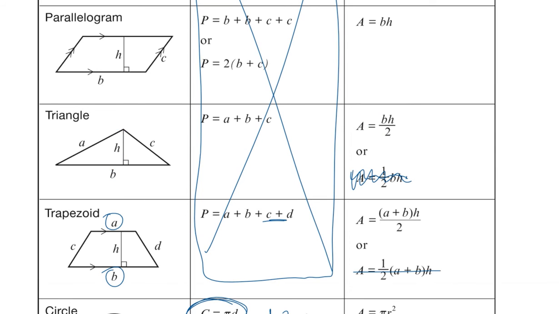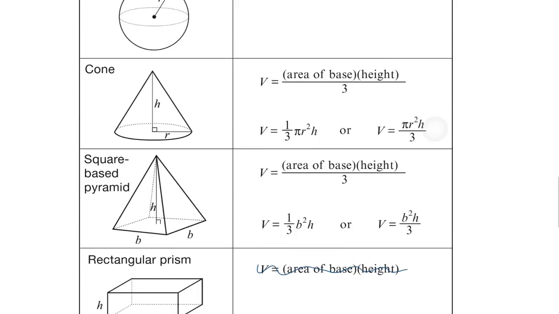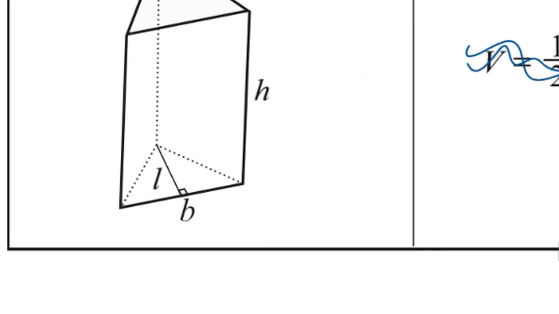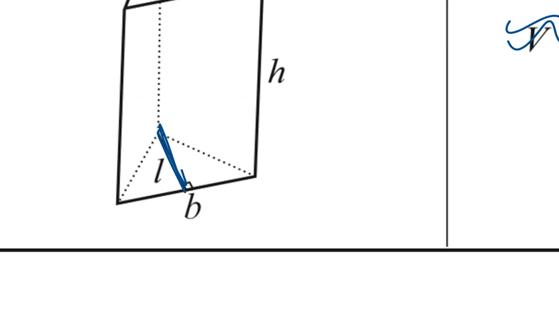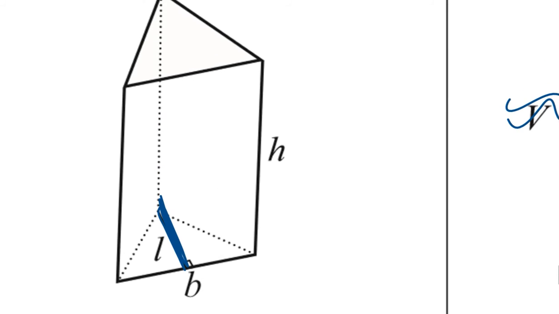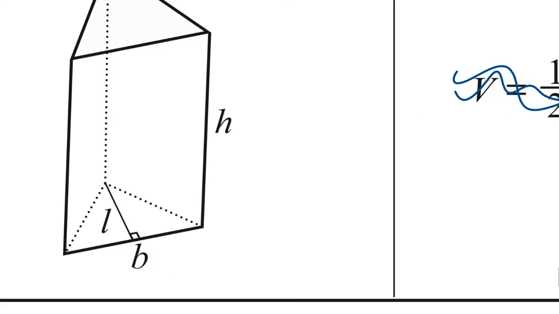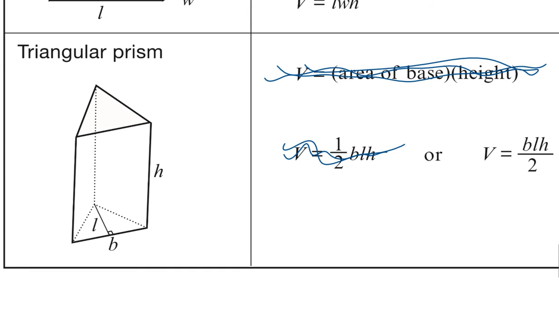So hopefully that kind of makes sense. The same thing is happening here, where this is the height of the triangle, but this is the height of the prism. So again, these ones can be tricky because you might think of them as having two different kinds of heights.